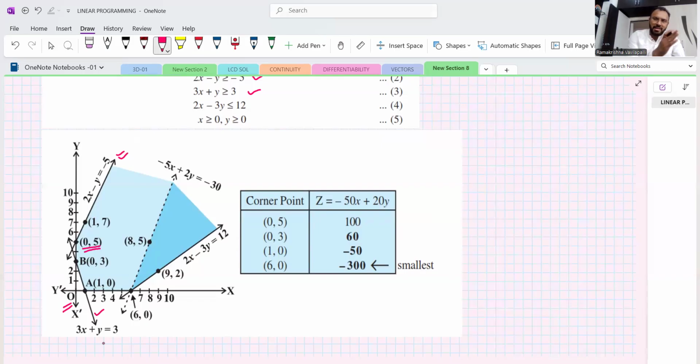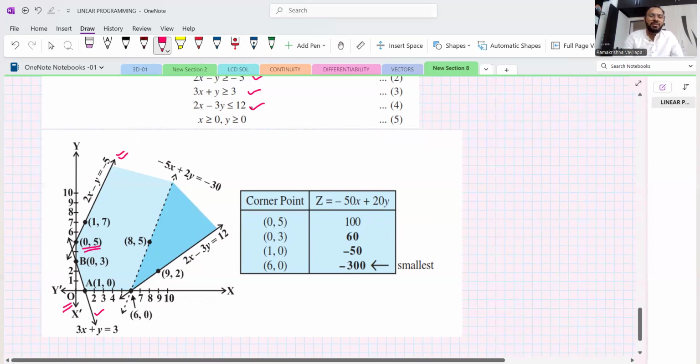So don't take the region containing 0; take the region not containing 0, so above that line. Similarly, 2x minus 3y less than or equal to 12. The x-intercept is 6 and the y-intercept is minus 4. In this, you substitute 0, 0: 0 less than or equal to 12 is satisfied. So you take the region containing the origin.